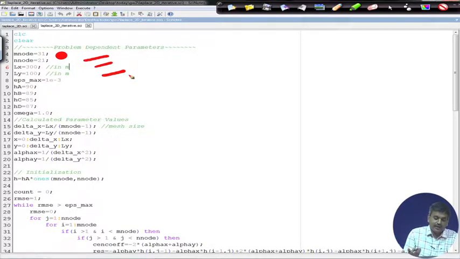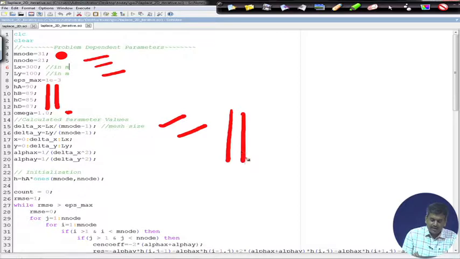We can define this criterion for RMSE calculation. These are specified boundary values, and omega, because we are considering a Gauss-Seidel scheme, we can consider this omega equals 1. This delta x, delta y values, up to this everything is the same as our previous full matrix approach.